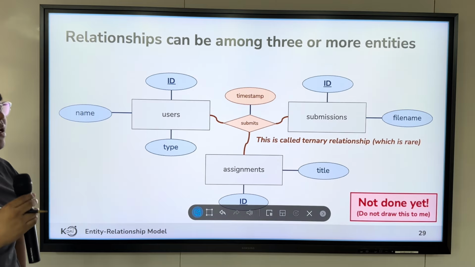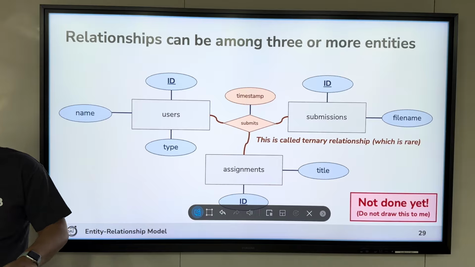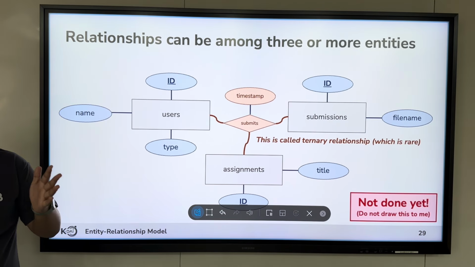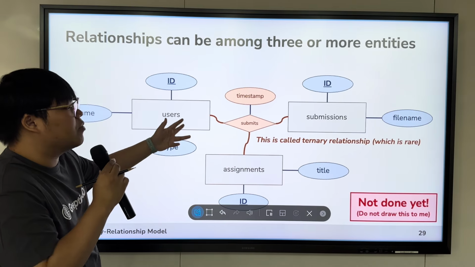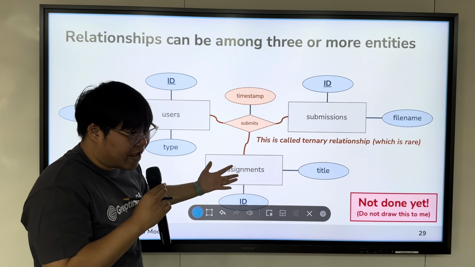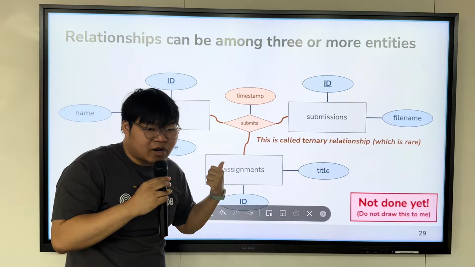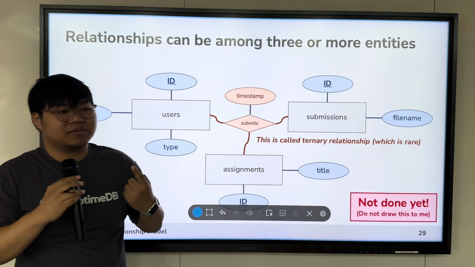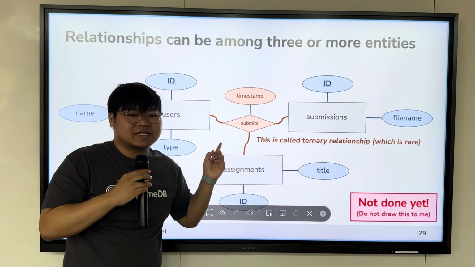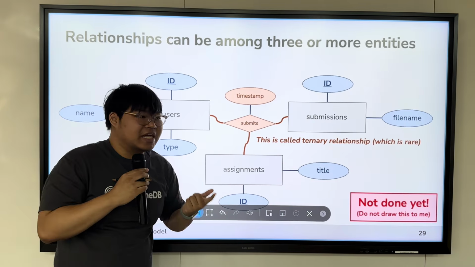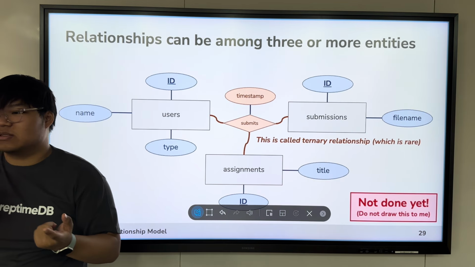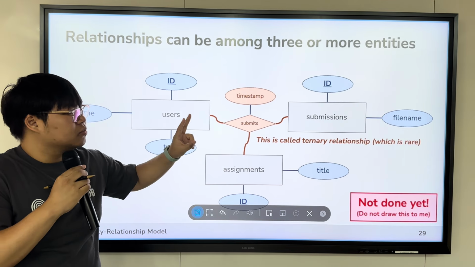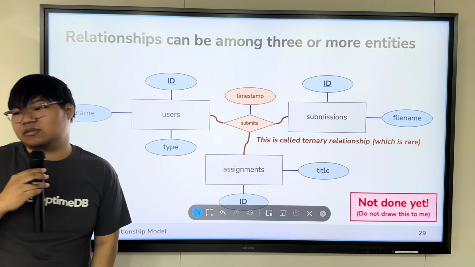Normally, we usually have binary relationships, or relationships among two entities. The reason why it is very rare is that, first, it is hard to use this as a relational database schema. The second one is that you can always break down this into binary relationships.